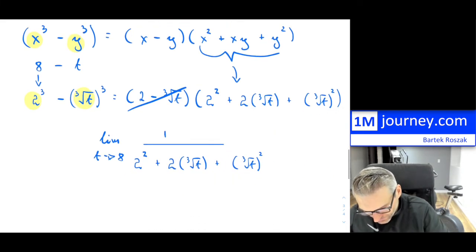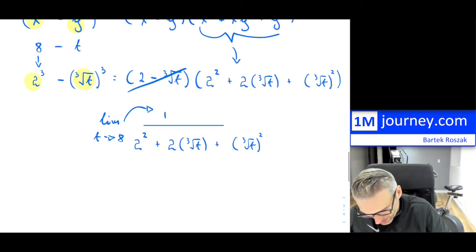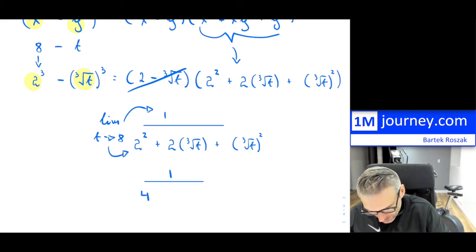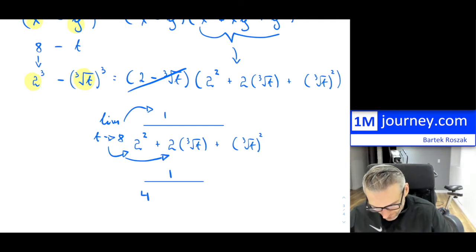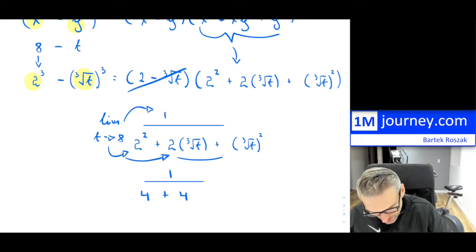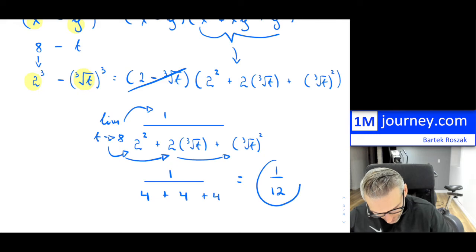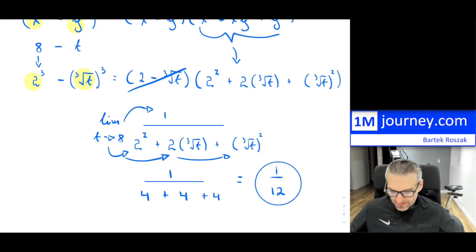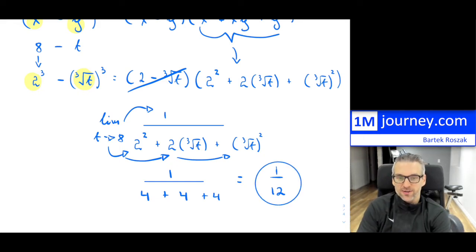And now if I use the limit properties, that's going to be 1 on top and then bringing it in here, that's going to be just 4, bringing it into here, going into that t, so that's also going to be 4, and then bringing this into here, 2 squared is also 4. So this means the limit is 1 over 12. So that is my limit within here.